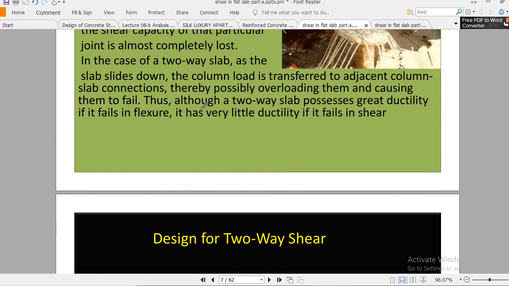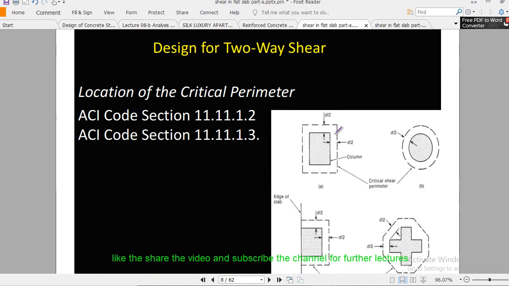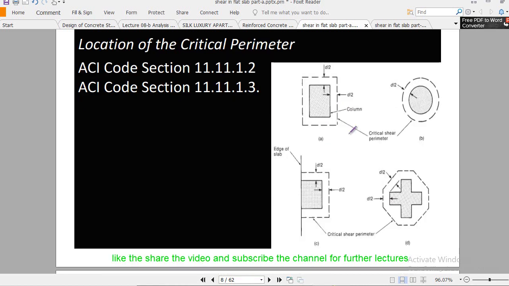You see here that in flexure the two-way slab possesses great ductility if it fails in flexure, but little ductility if it fails in shear. Okay, now the next thing is that when we are going to design for shear, we have interior columns, circular columns, irregular columns, edge columns, and how to calculate column critical parameters.